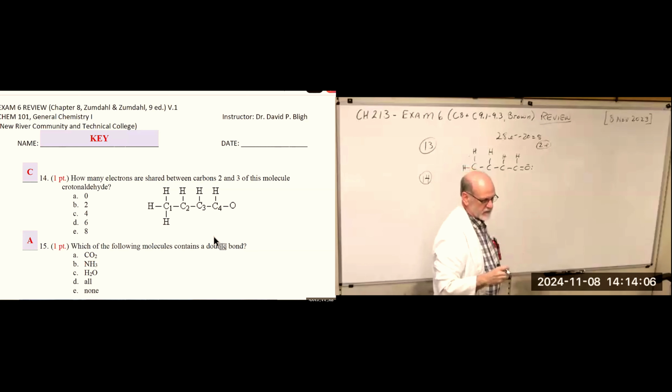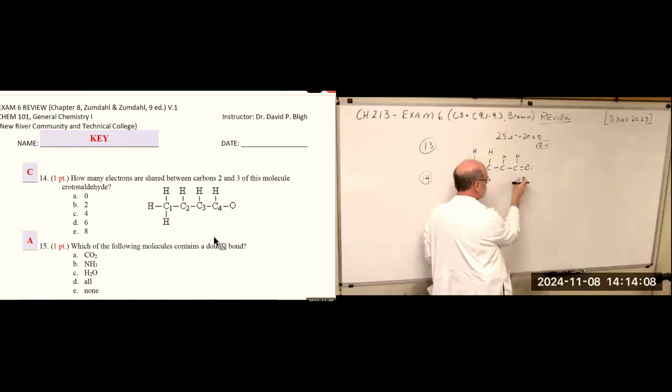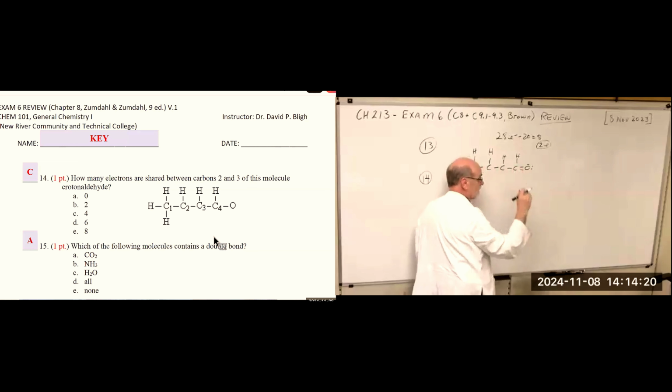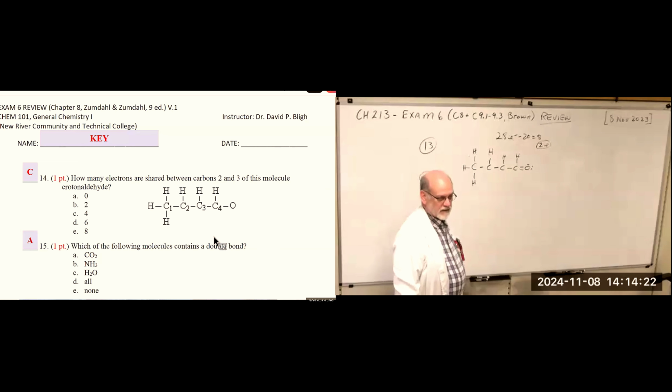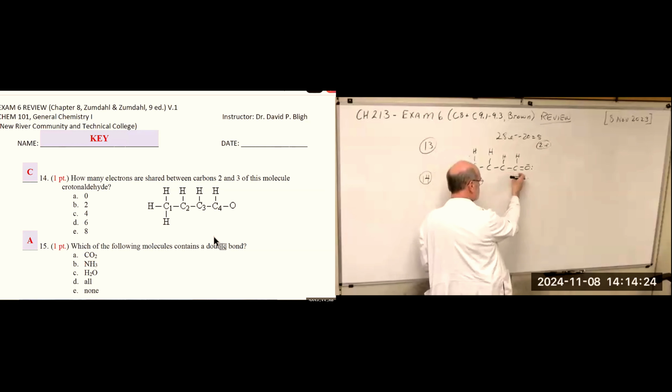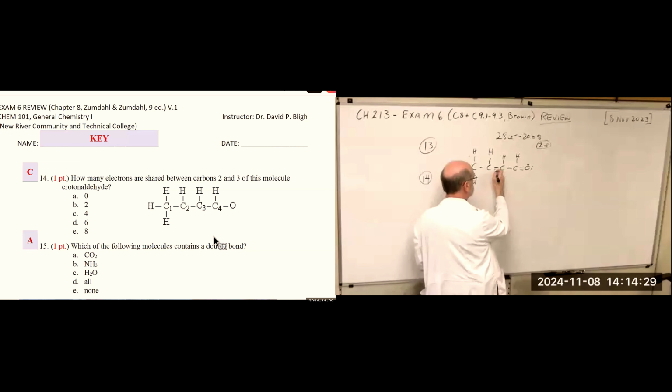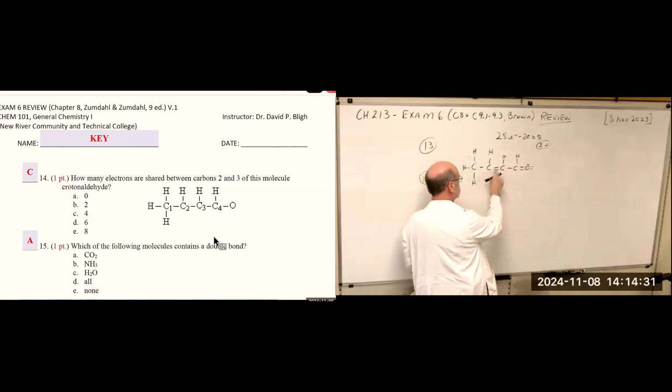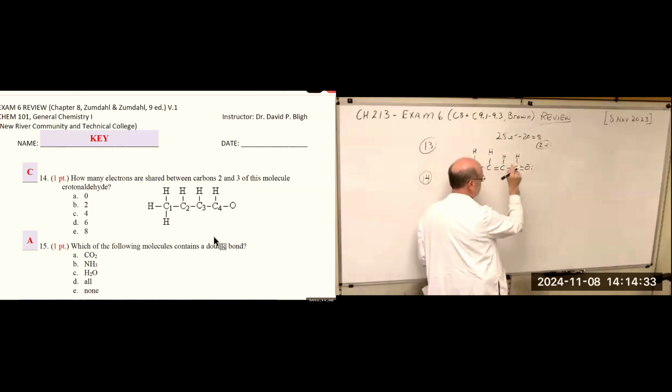If you're strictly following the rules and you put 6 here and then 2 here, then this one already has an octet, and these guys have nothing. So if we move those 2 electrons over to one of these carbons, now they can move in here like that. And that gives this an octet, octet, and that's an octet.